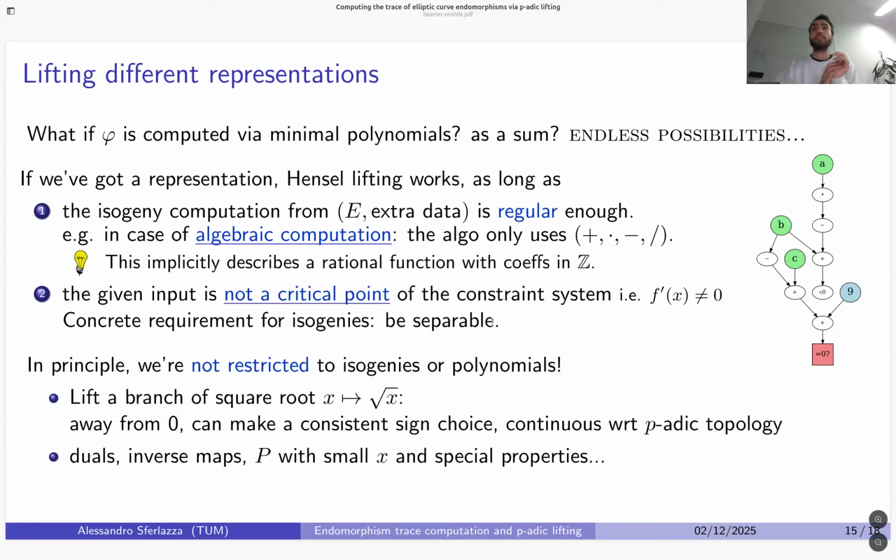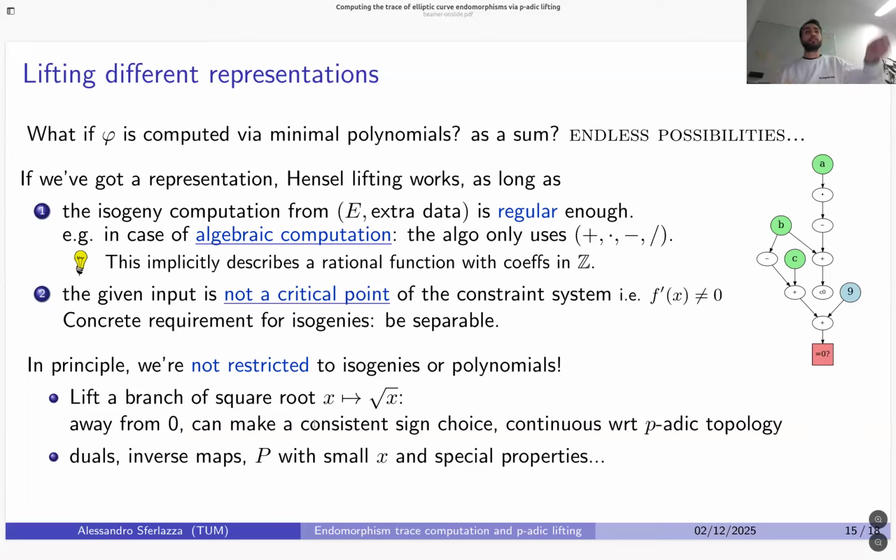But apart from isogenies or polynomial constraints or rational functions, we can actually do much more. We're not that restricted. We can, for example, lift some consistent choice of a square root mapping from x to its square root that is compatible with the p-adic topology, as long as we're away from the problematic points like 0.